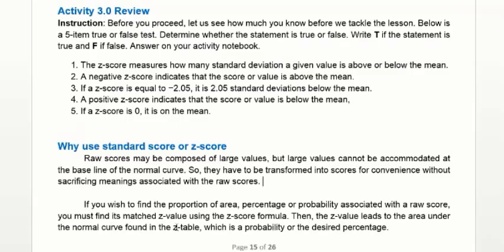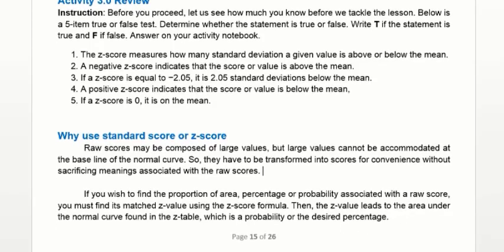So, if you wish to find the proportion of area, percentage, or probability associated with the raw score, you must find its matched z-value using the z-score formula. Then, the z-value leads to the area under the normal curve found in the z-table, which is a probability or the desired percentage.